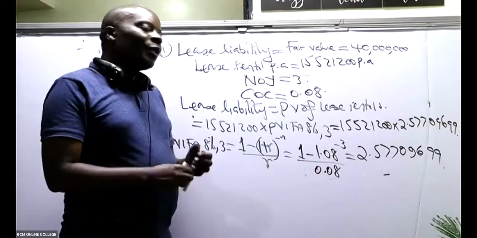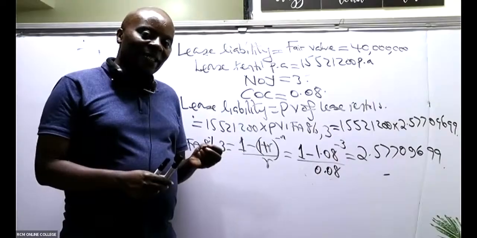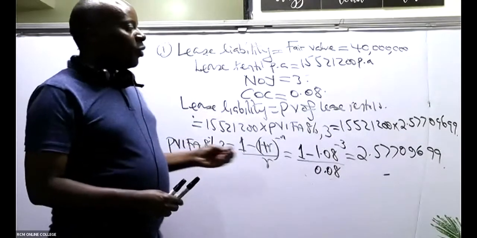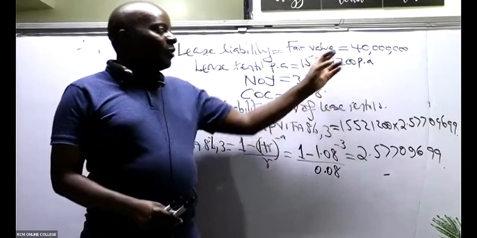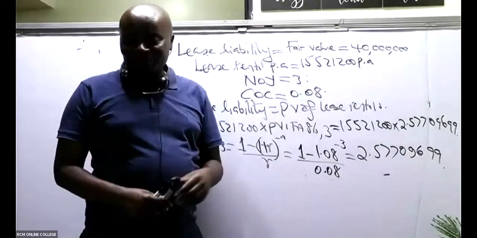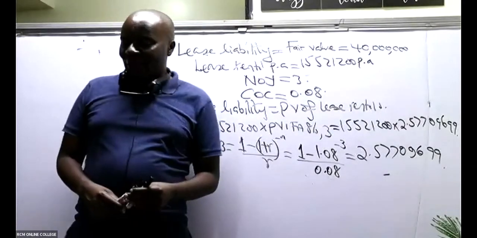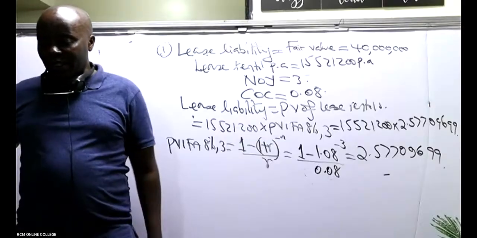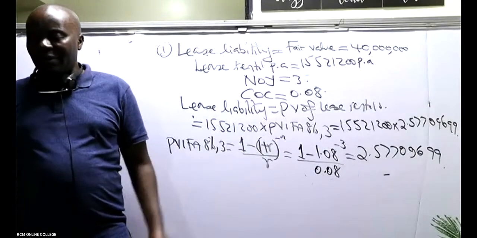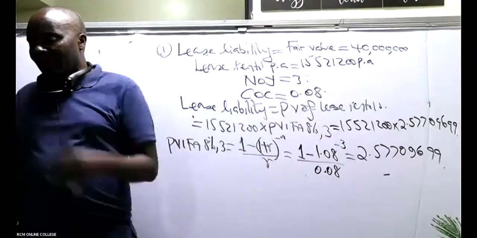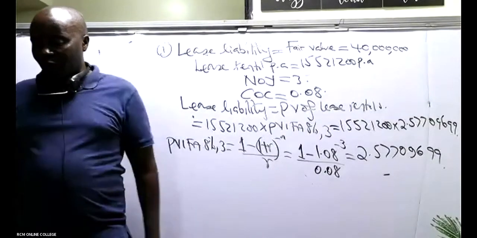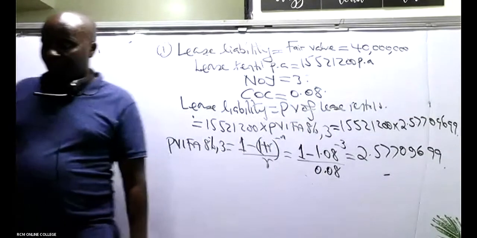Of course, there will be rounding off errors still. But most importantly, whatever figure we get here will be very close to this 40 million. It may be 39 and so on, but it's going to be very close to that 40 million.